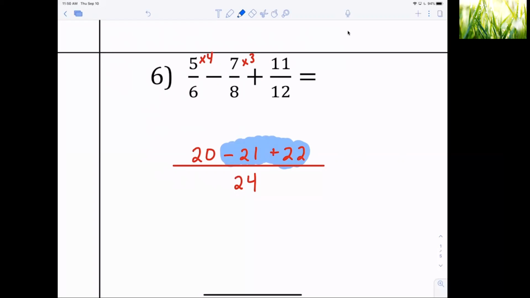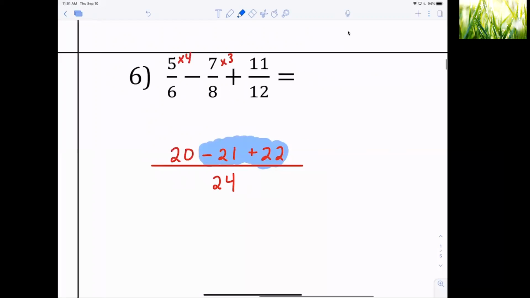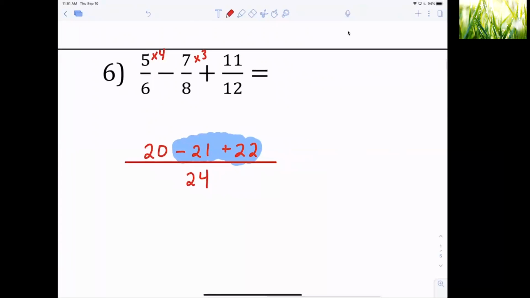I look at it as 22 minus 21. Yes, right. That's how your brain should be looking at it, which is automatically a 1. And then 1 plus 20. 21. You okay with that or not?